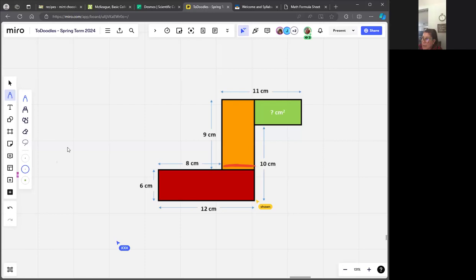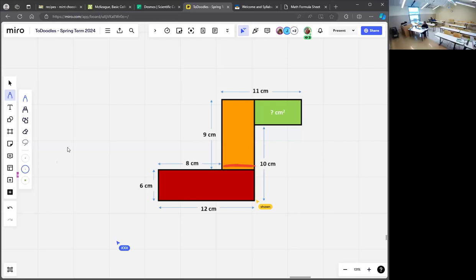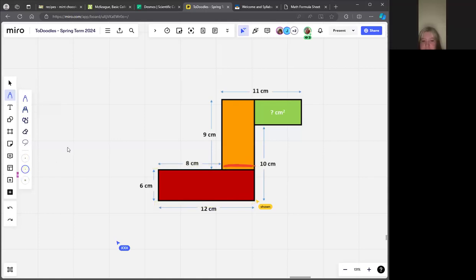It's going to be 12 minus 8. This is 12. And this part is 8. So this has to be the other 4 to get to 12. Everyone see that? Yeah, this one is 4 centimeters.